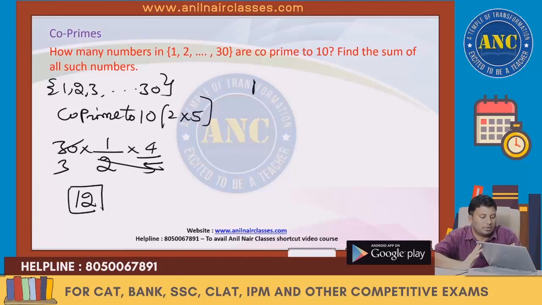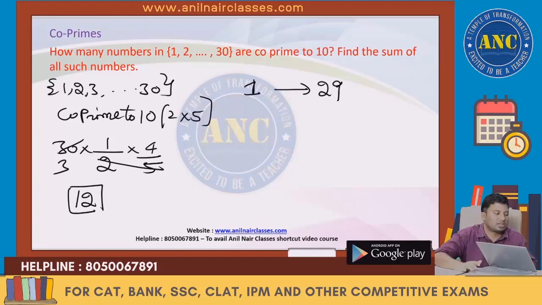What are those numbers? First it can be 1. Next it will be 30's complement of 1, so 1 plus 29. 2 is not possible, since 10 is 2 into 5.